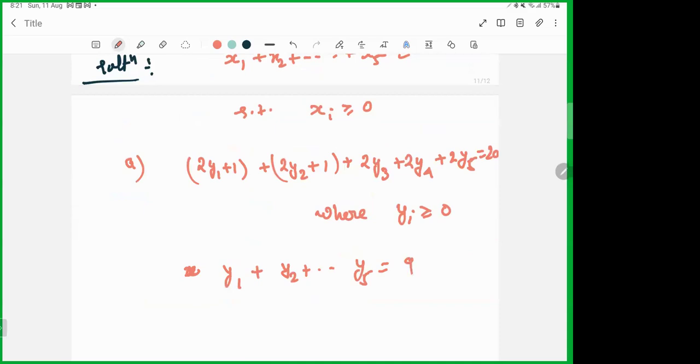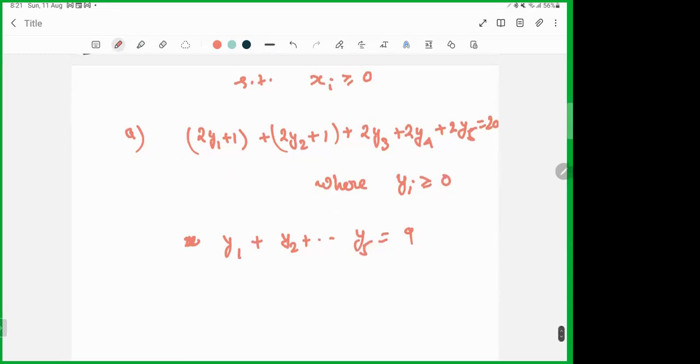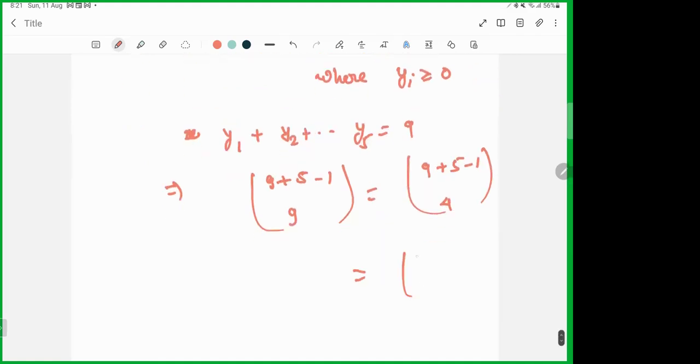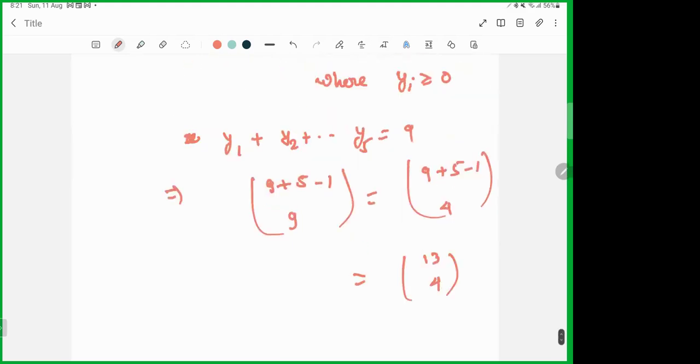So that is 9 plus 5 minus 1 choose 9, which is 13 choose 4. This is correct.